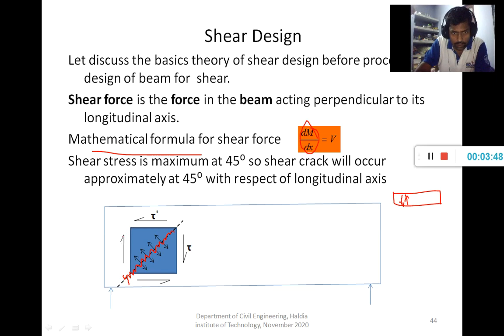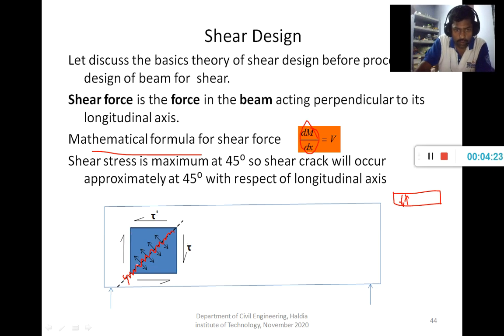Here the vertical shear is acting in upward direction. The opposite shear acts on the opposite side, that is tau, and similarly the horizontal shear is also acting, that is tau dash. Under this shear stress the element is in equilibrium, and this tau and tau dash are called complementary shear.